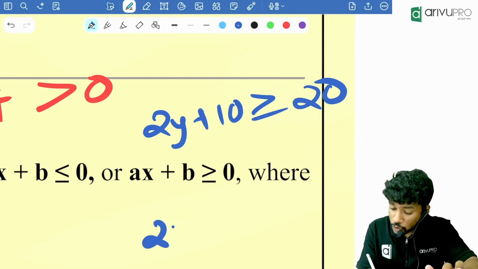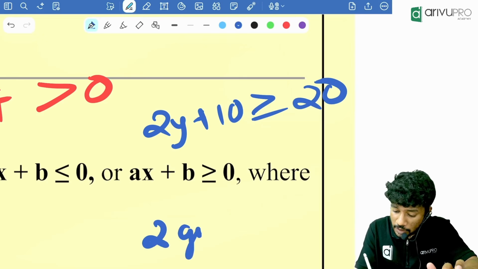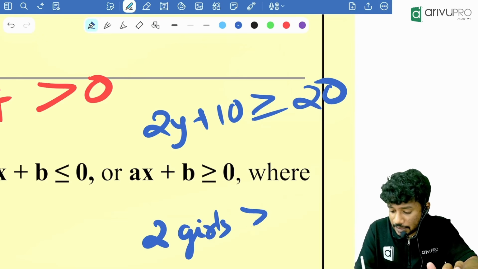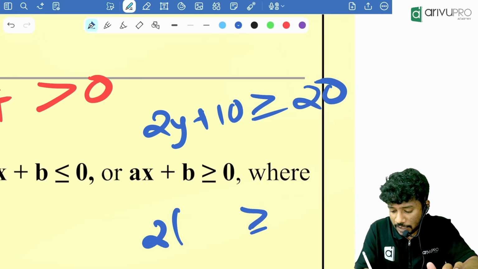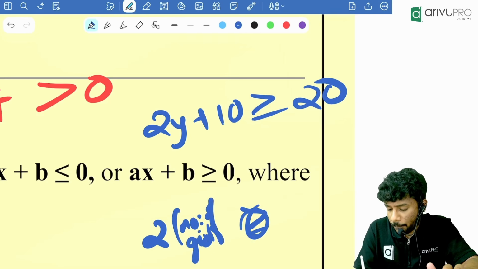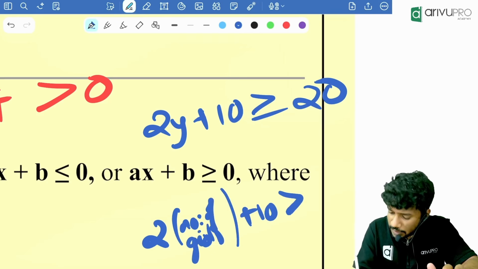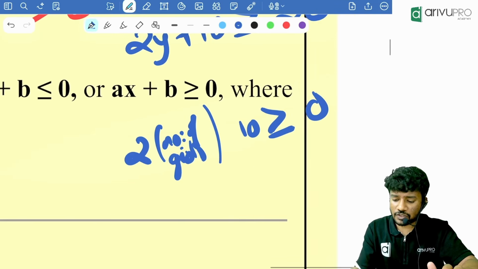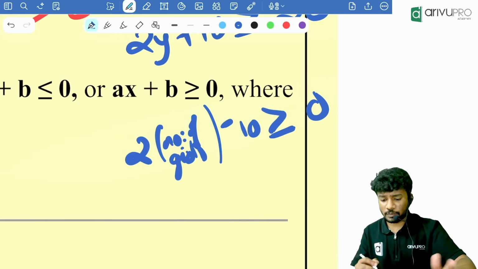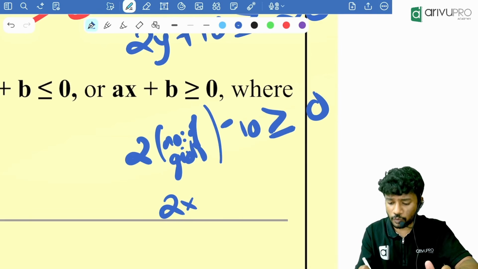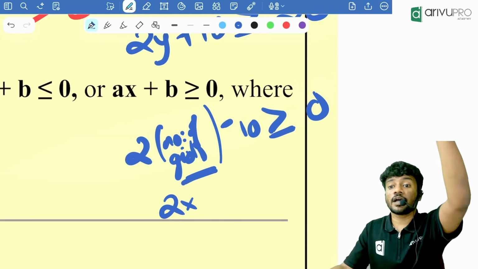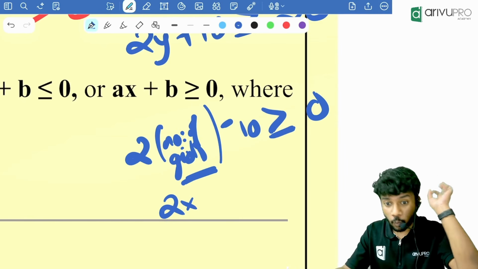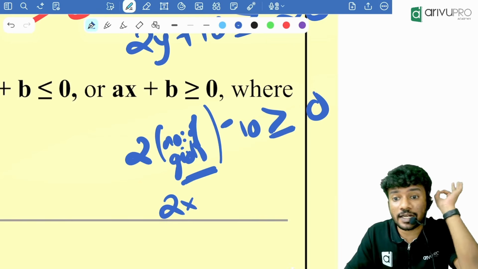Or I will say 2 into number of girls, I'll write the words number of girls, plus 10 is greater than or equal to 0. Or minus 10 is greater than or equal to 0. From that I can understand 2 into what is the unknown over here? The number of girls. So whichever is not known is called as what?